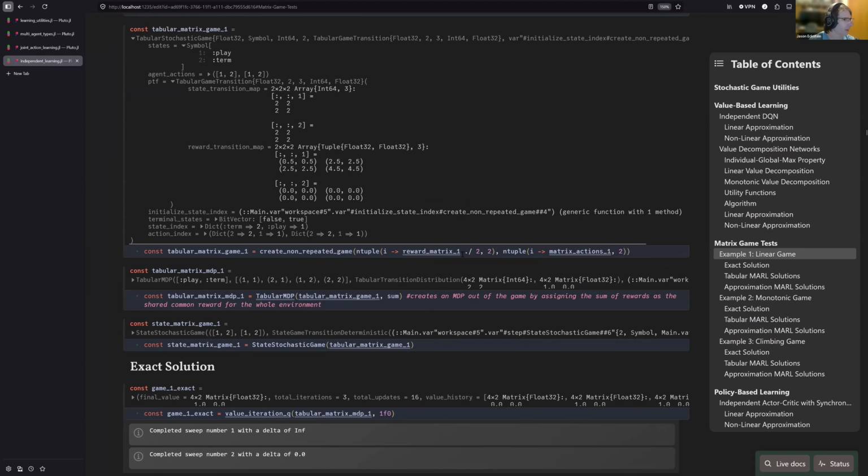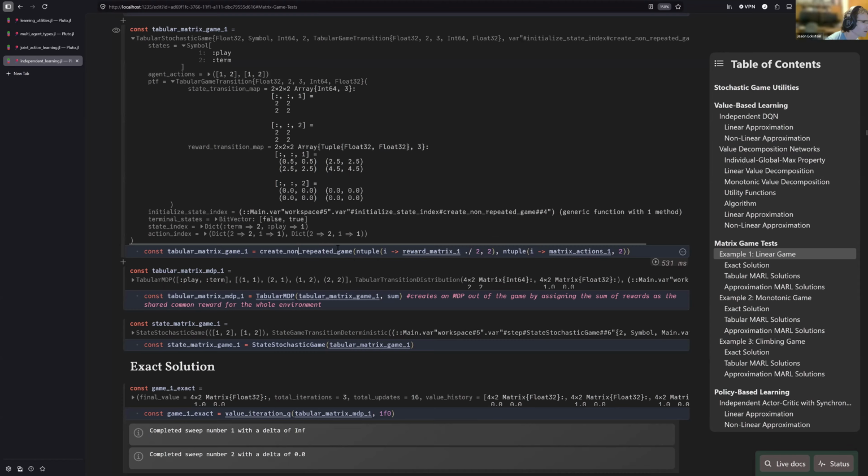These rewards, to make this work the way I've written the algorithm, I'm actually turning this into a general sum game, right? So each agent gets its own reward, but the values are or should be equal.